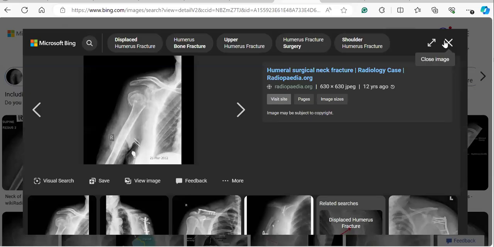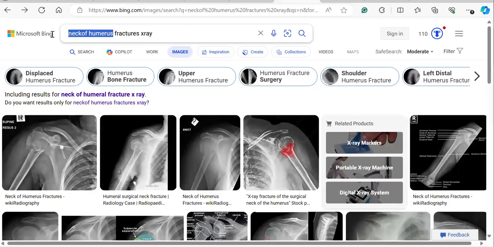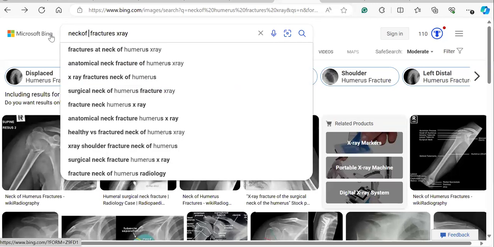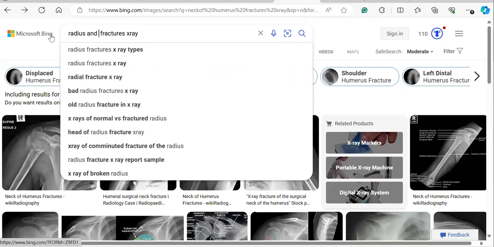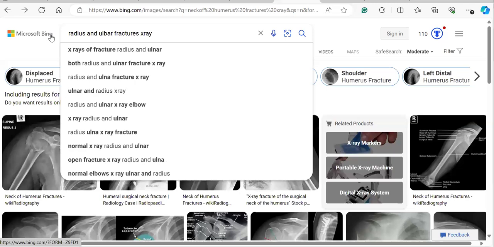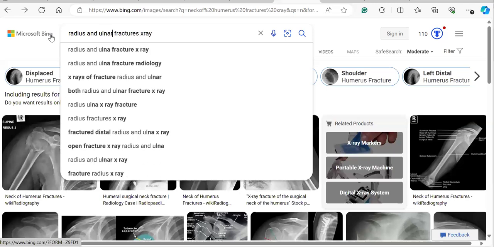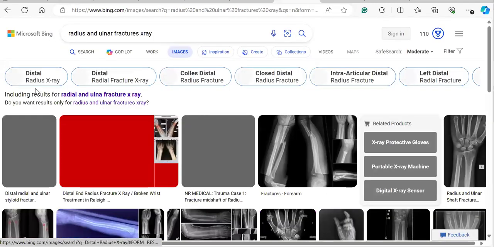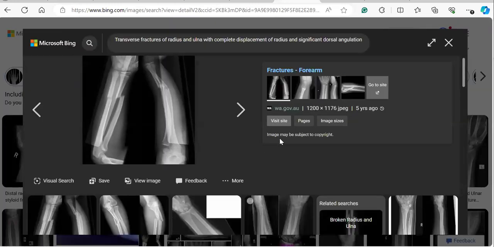Let me show you how it will look. Most of the time, if someone has a bad injury on their forearm, both of these bones fracture. Having just one bone fracture is not common.